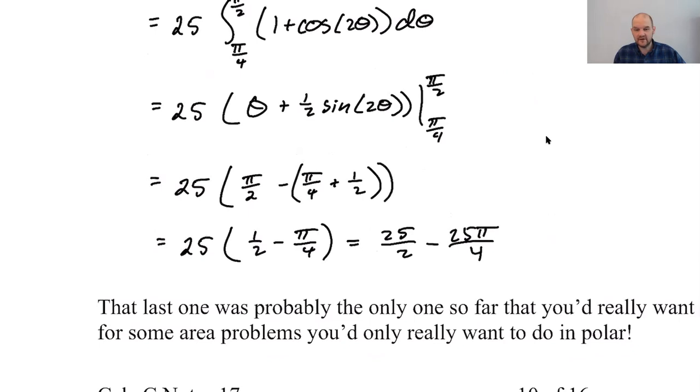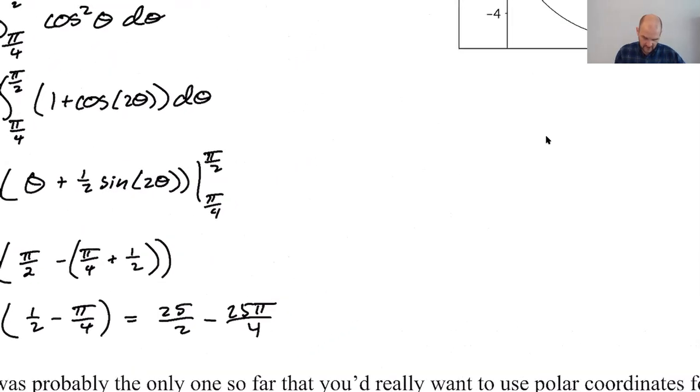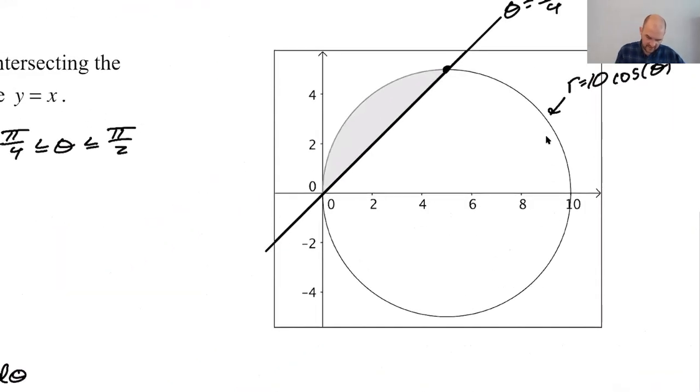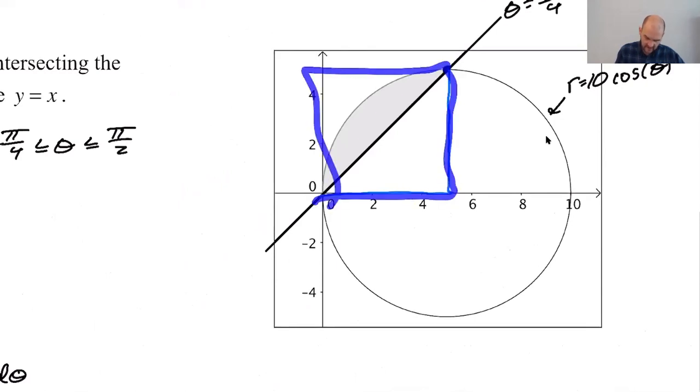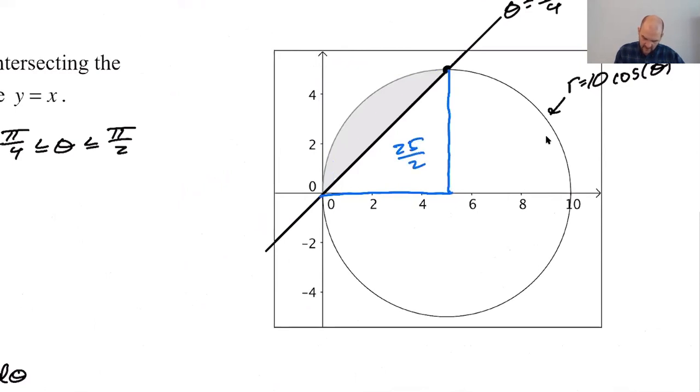How does that work out with what we thought we could do geometrically? So geometrically, I think that this is like 5 by 5, but it's half of it. So that's 25 over 2. And then this is a quarter of a circle that has a radius of 5.